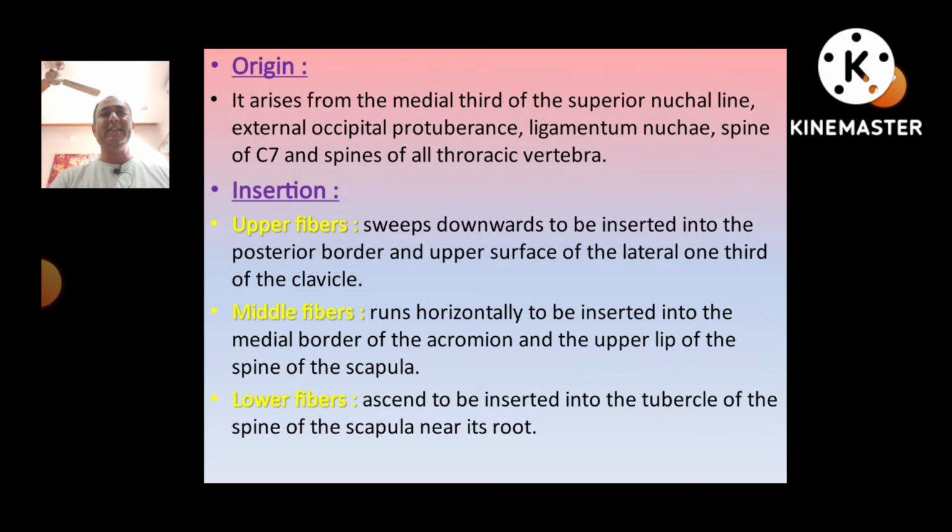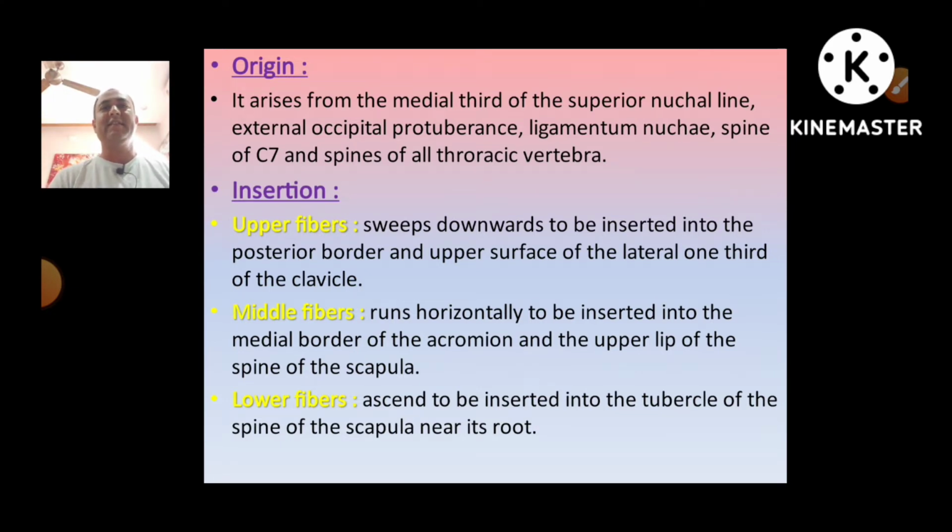First of all, origin. As you all know, the origin of the trapezius muscle is from the external occipital protuberance and superior nuchal line. So it arises from the medial third of the superior nuchal line as well as from the external occipital protuberance.